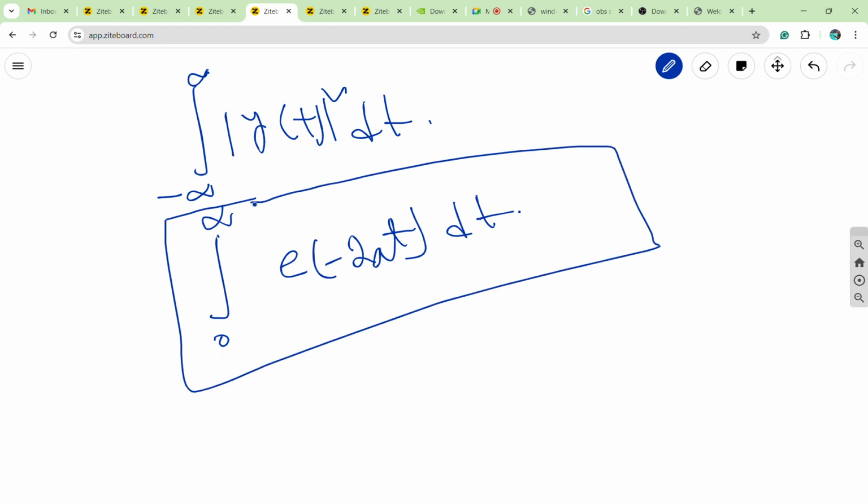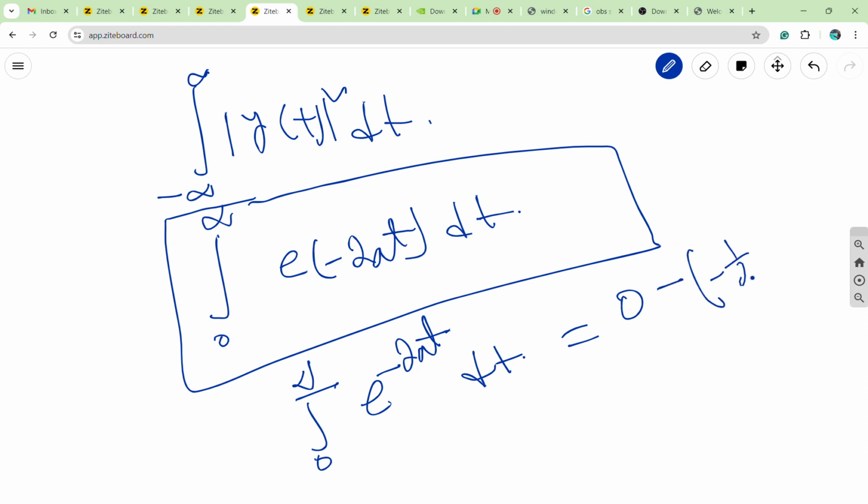Then you do the integration, 0 to infinity e to the power minus 2at dt. For the upper limit the term becomes 0, and for the lower limit it becomes minus of minus 1 by 2a, so 1 by 2a.